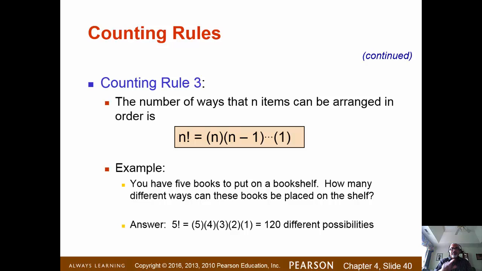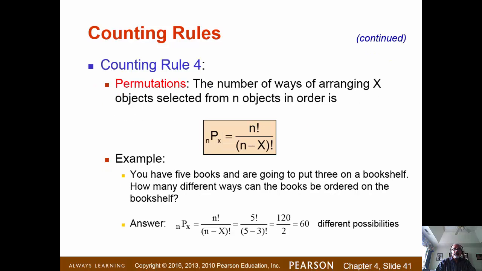That's simply n factorial: n times n minus 1 times so on until 1. So if you have 5 books to put on a bookshelf, how many different ways can you arrange the books? The same as saying, if you have 5 people running a race, how many possible outcomes are there? So there are 120 possible outcomes. So that's counting rule number 3.